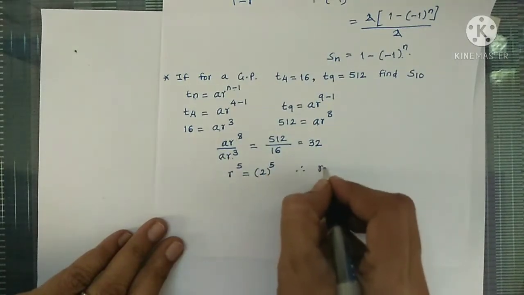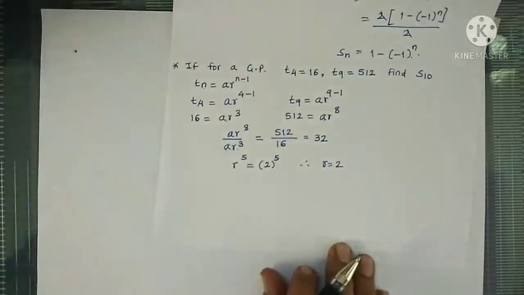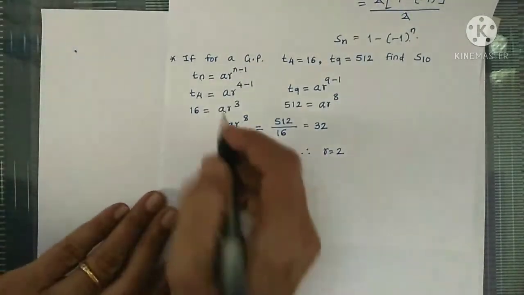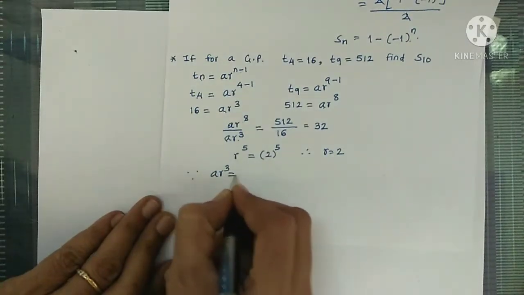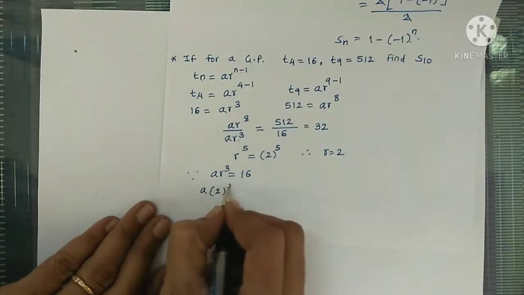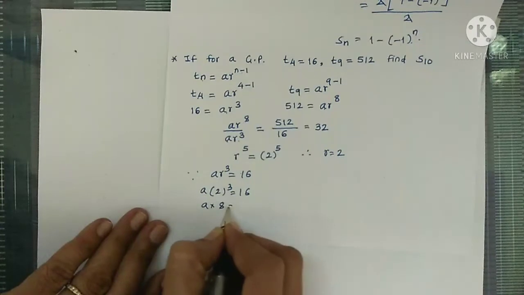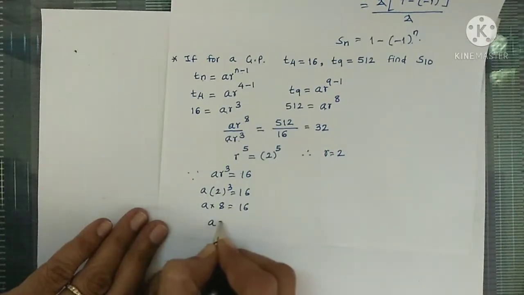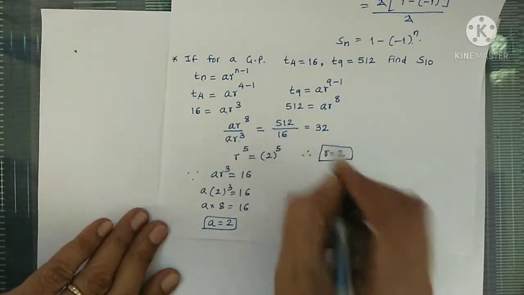So we get value of r equal to 2. Now we have to find value of a. A r cube equal to 16. Let's put value of r here. So a into 2 cube equal to 16. So a into 8 equal to 16. So value of a is also 2. So r is 2 and a is 2.